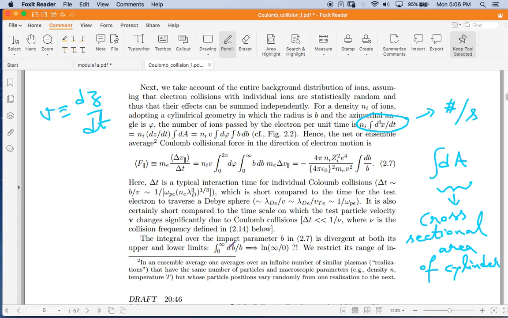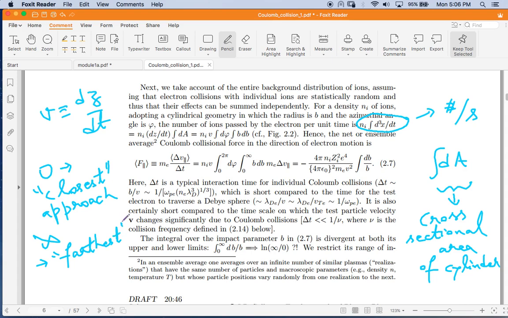So with regard to B, the 0 would be the closest approach, and the infinity would be the farthest approach.